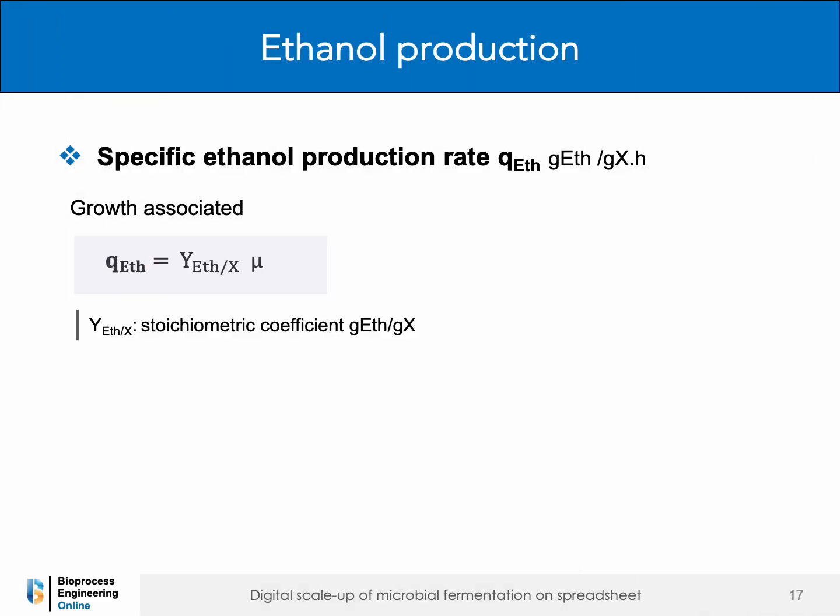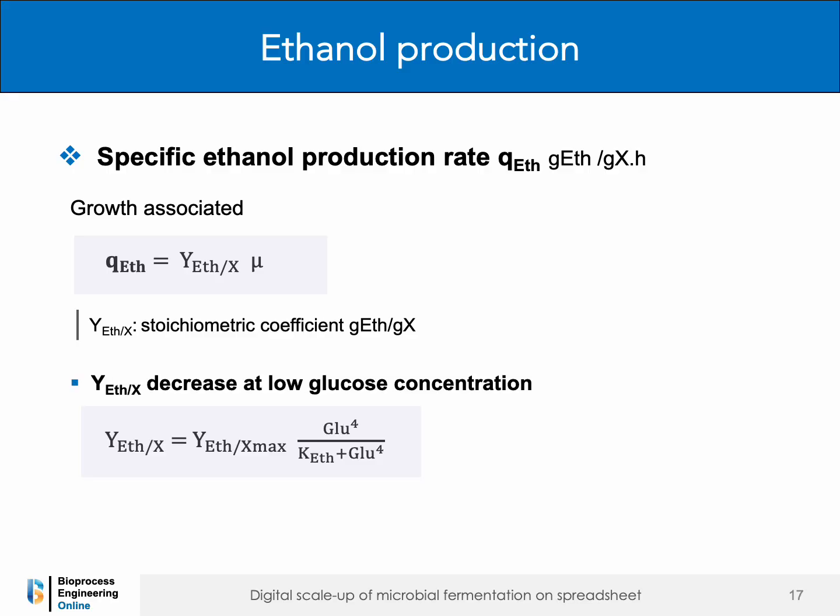The ethanol production rate associated with growth is assumed to be proportional to the specific growth rate. The specific ethanol production rate, Qeth, is expressed as the product of the stoichiometric coefficient Yeth over x and the specific growth rate mu. The stoichiometric coefficient Yeth over x is expressed in grams of ethanol produced per gram of biomass formed.